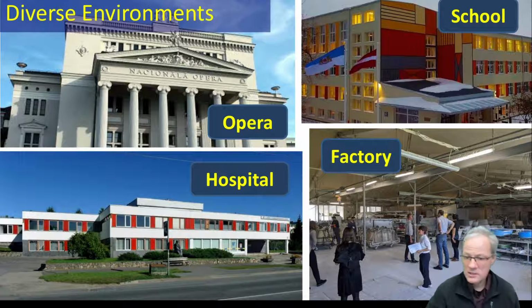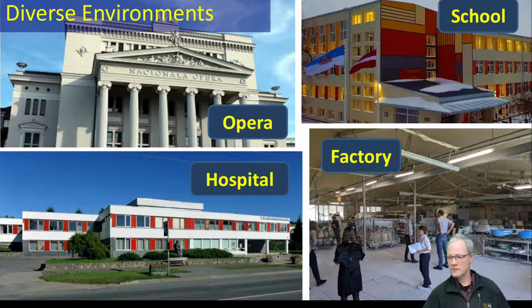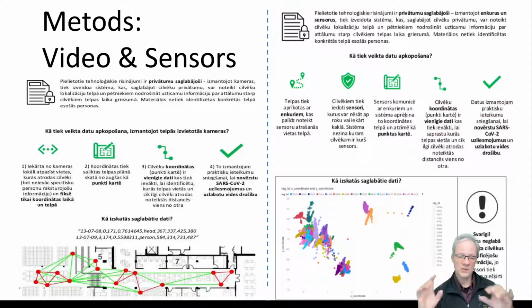This is a children's hospital, one of the hospitals in Riga, Latvia. And then we went to a factory. This factory is making bathtubs, if you will, right? And these are the environments where we placed our solutions and tried to figure out what the hot spots or hot zones are, where the risk contacts really happen, right?